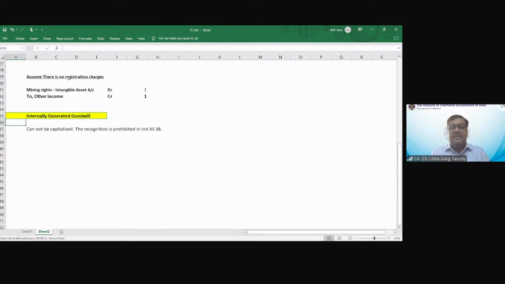Next aspect, internally generated intangible assets. Typical example, software companies, pharmaceutical companies. Friends, when COVID came, you remember the vaccine took around 3-4 months. So this COVID was alarmed in December 2019.